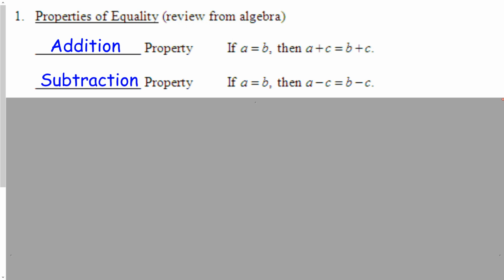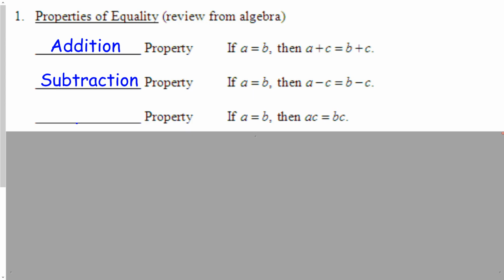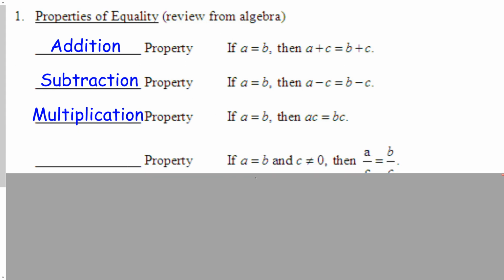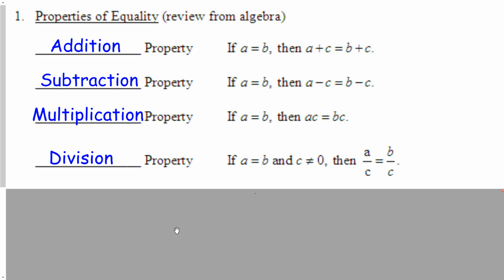The subtraction property of equality allows you to subtract the same value from both sides. Multiplication property of equality allows you to multiply both sides of an equation by the same value. And division property of equality allows you to divide both sides of the equation by the same value.